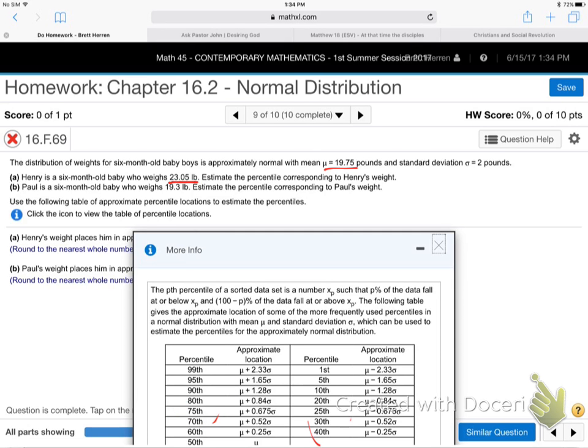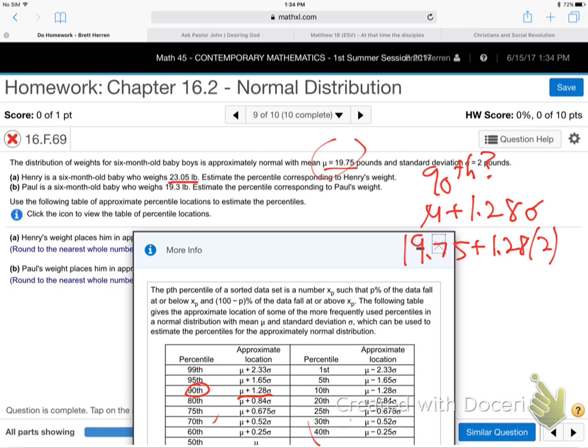So I'm going to guess maybe he's at the 90th. I'm going to try mu plus 1.28 sigma. What's mu? 19.75. 19.75 plus 1.28 times sigma, which is 2.